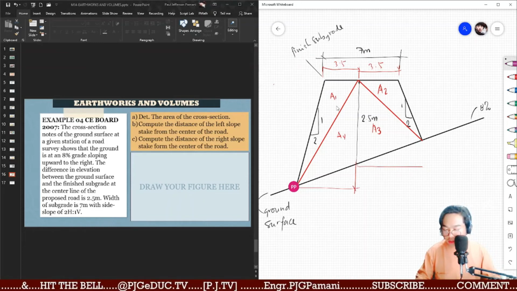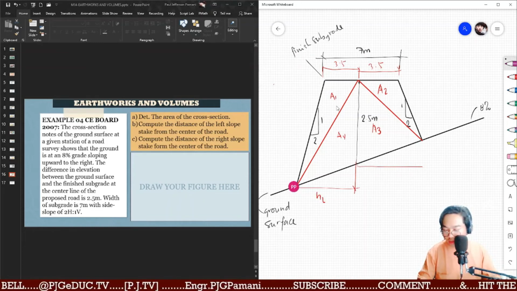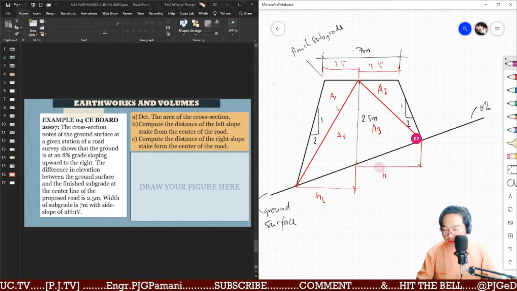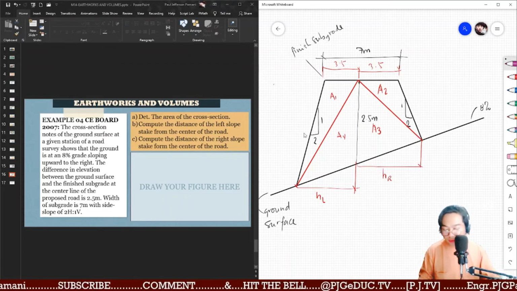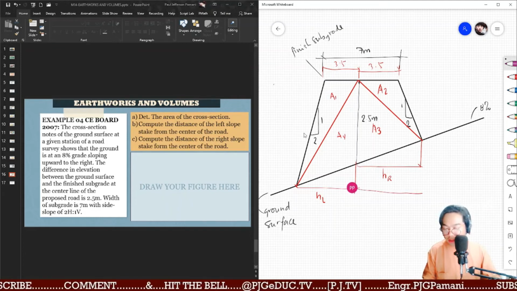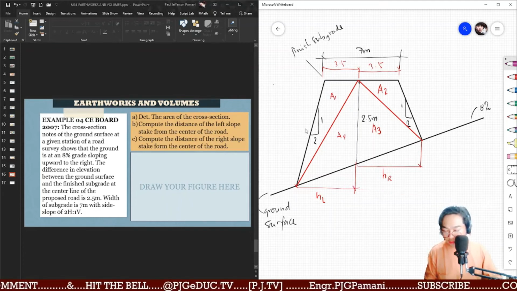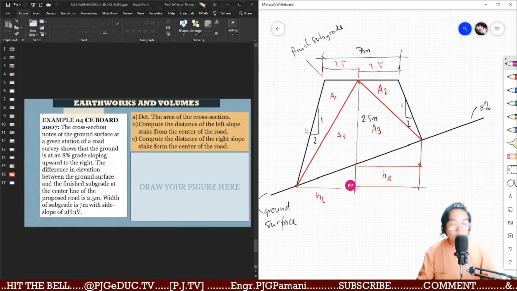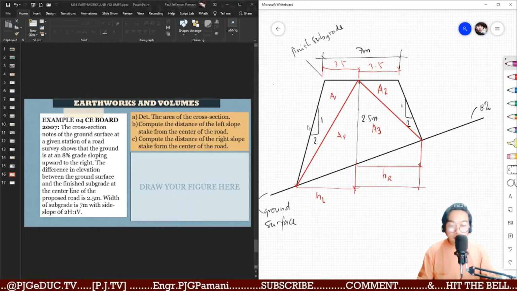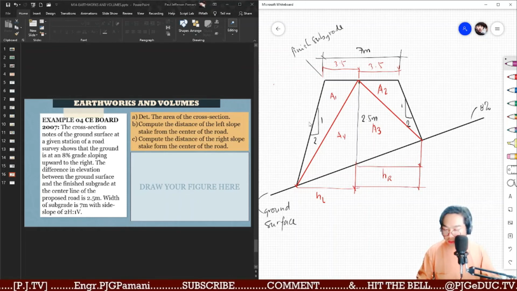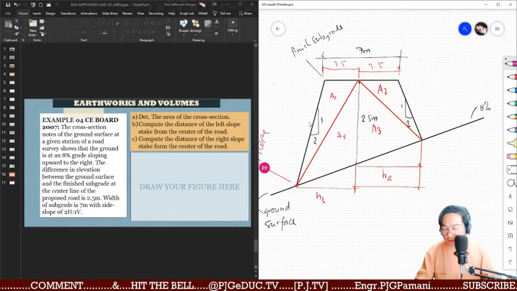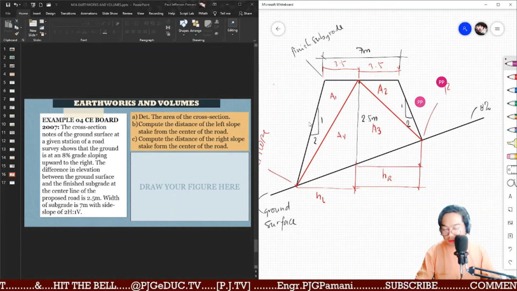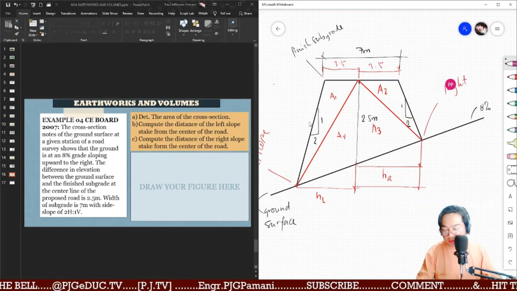Now, ito yung sinasabi niyang left stake and right stake. Ito yung ating left stake. Ito rin yung ating right slope stake. So by figure alone, pwede nyo na masolve yan. Triangle lang yan, no? Right slope stake. Ito yung ating left slope. Ito yung ating right slope.